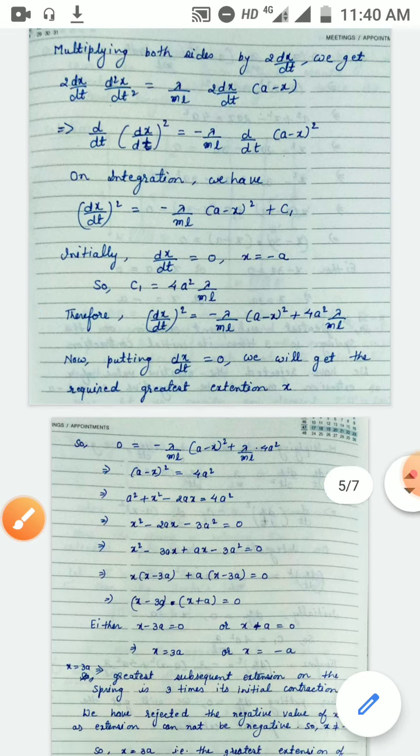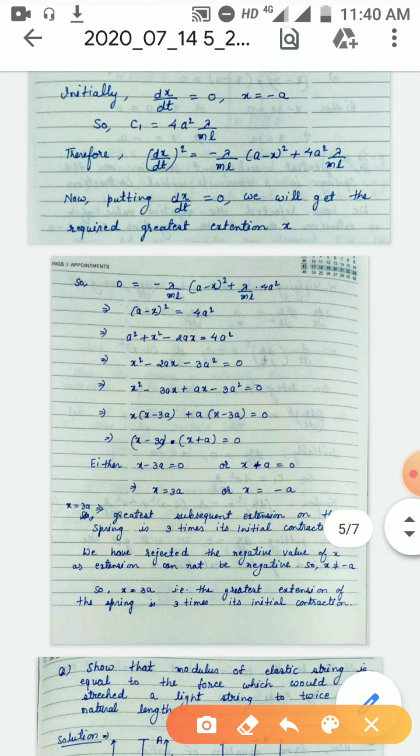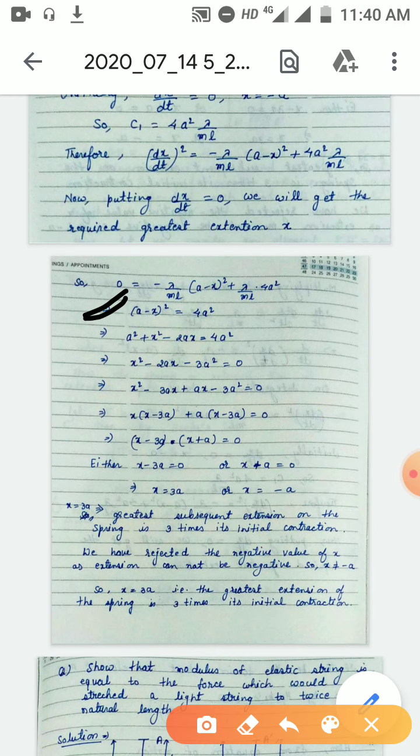This implies, taking lambda by ml to the left hand side, a minus x whole square is equal to 4a square. Using the formula, a minus x whole square is equal to a square plus x square minus 2ax is equal to 4a square. This implies x square minus 2ax minus 3a square is equal to 0.